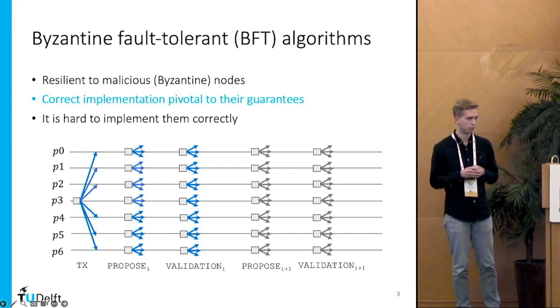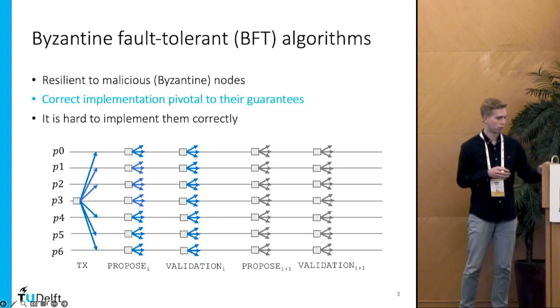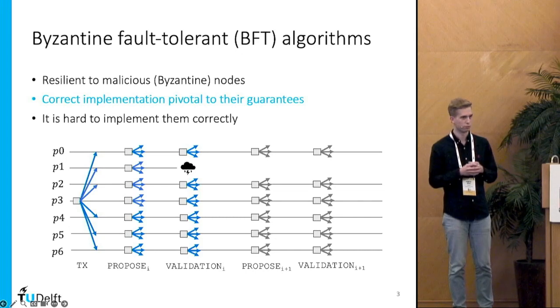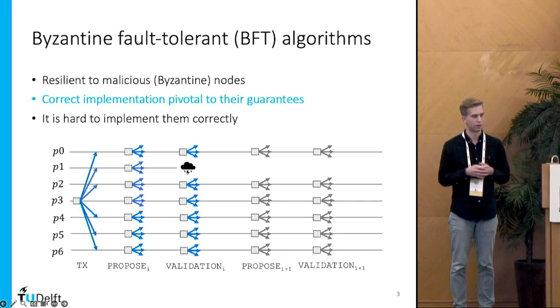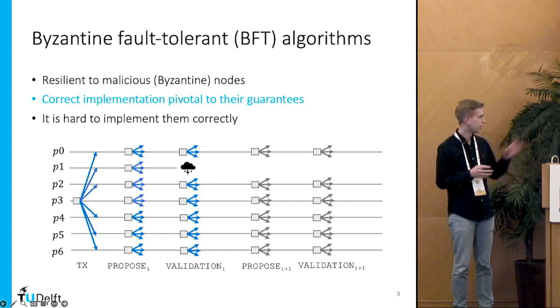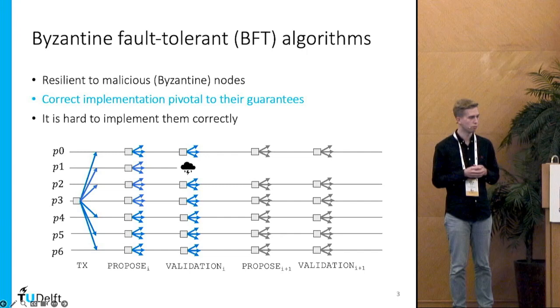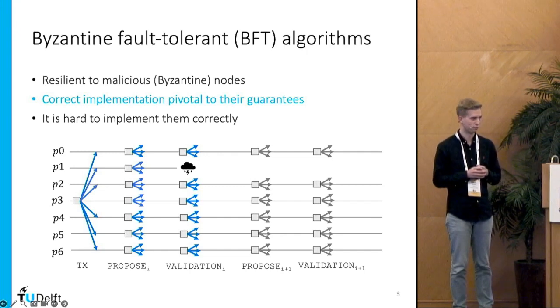So far, so good. But as you know, not everything always goes according to plan. So let's imagine that P1 crashes during the 3rd round. It's not able to send any validation or proposal message afterwards anymore. As you can see in the chart, the rest of the cluster is able to continue normally because the protocol is resilient to crash faults.